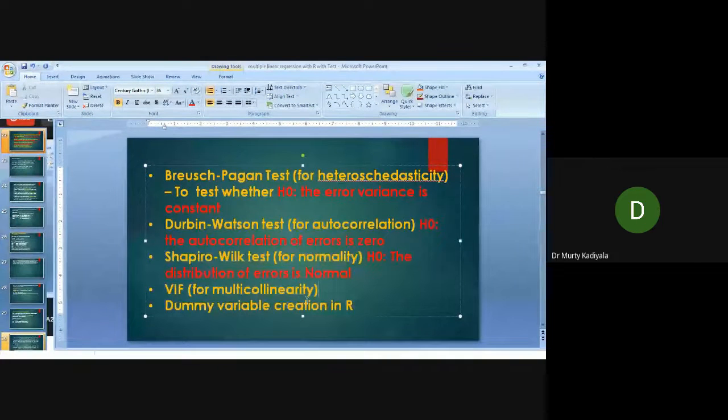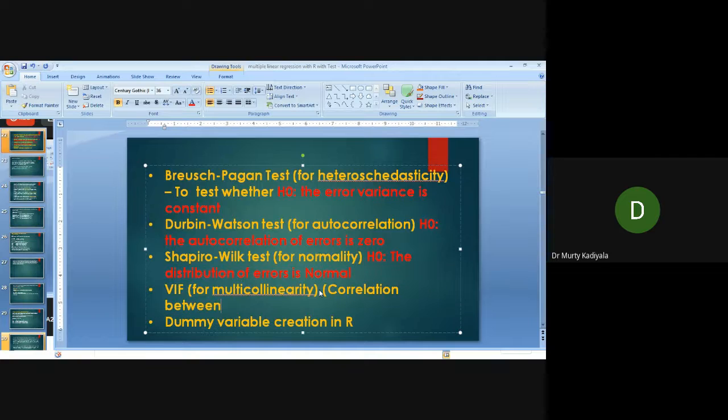So multicollinearity means correlation between independent variables. What happens if there is correlation between independent variables?